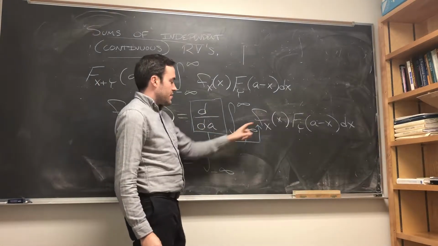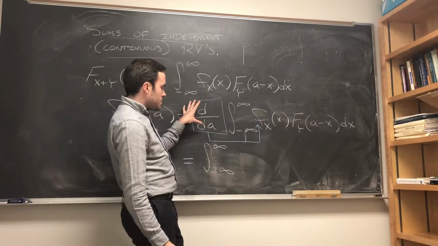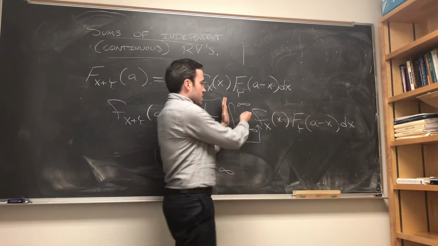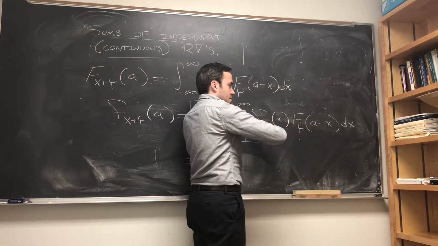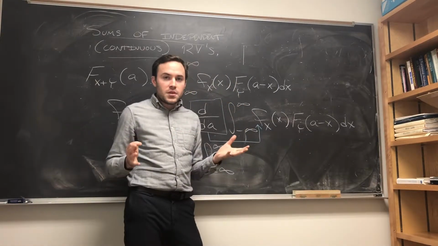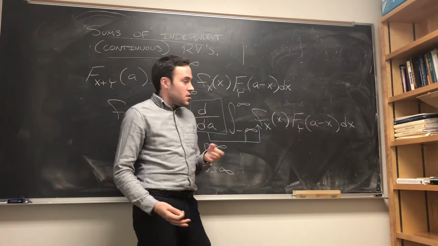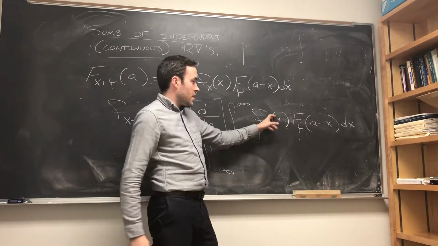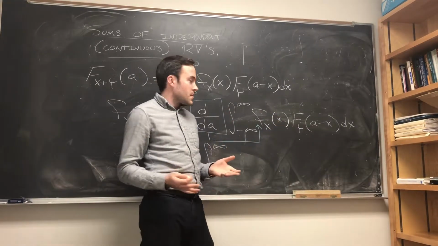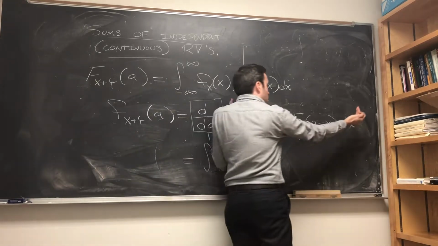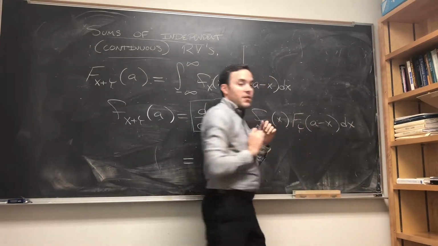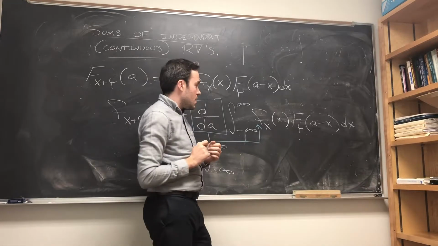Now, in order for this derivative to come inside the integral, notice that once we integrate, all of the mentions of the variable x will be gone because we've integrated with respect to x and evaluated between two constants. So every single mention of the variable lowercase x will be gone. So this integral really will only depend on the one variable that's left, which is a.